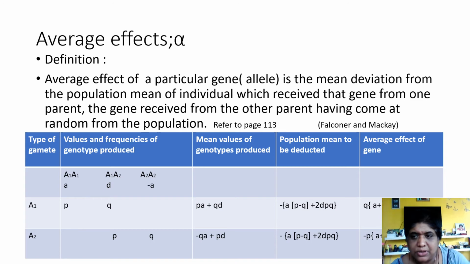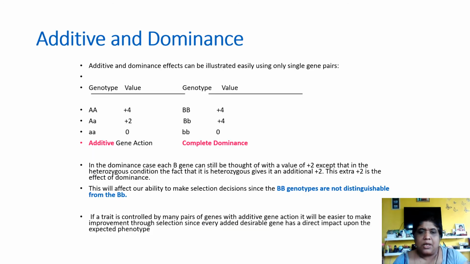Okay, so now it is very important to understand the additive and dominance. So you know that P equals G plus E, and within the G there's additive and dominance and epistasis. The concept of additive and dominance should be understood, and in this case a very simple example of what is an additive gene action and what is a complete dominance.